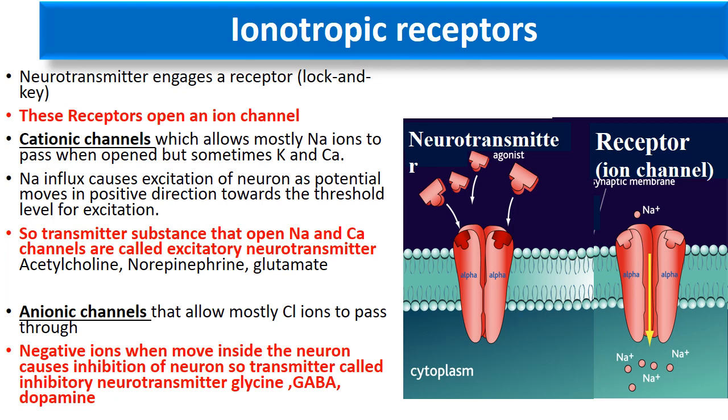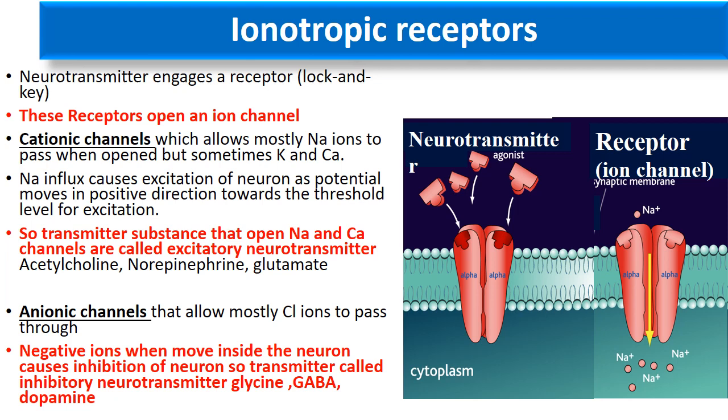There are also other neurotransmitters which open the cationic channels for sodium, and sodium influx leads to the excitation of the neurons. There are other neurotransmitters which can open the anionic channel. When the anionic channel opens, chloride ions will pass through.